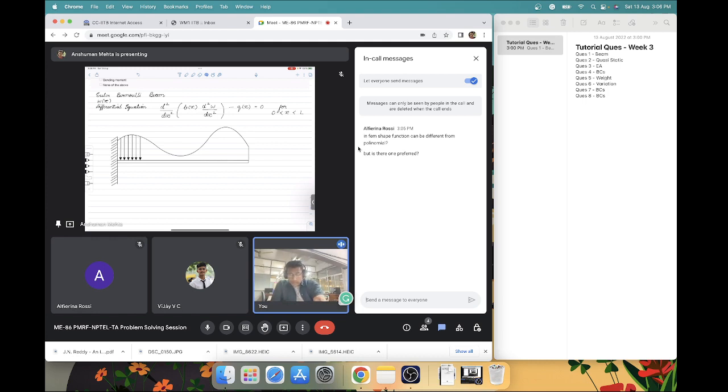As we go further in the course, we will see that these polynomial shape functions are treated in the form of matrices. The matrix is the important thing by which it is preferred. I hope it's clear.